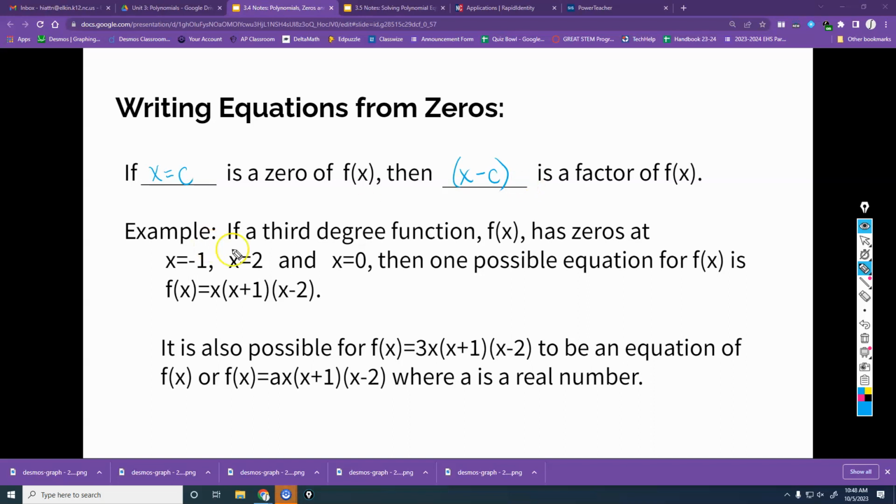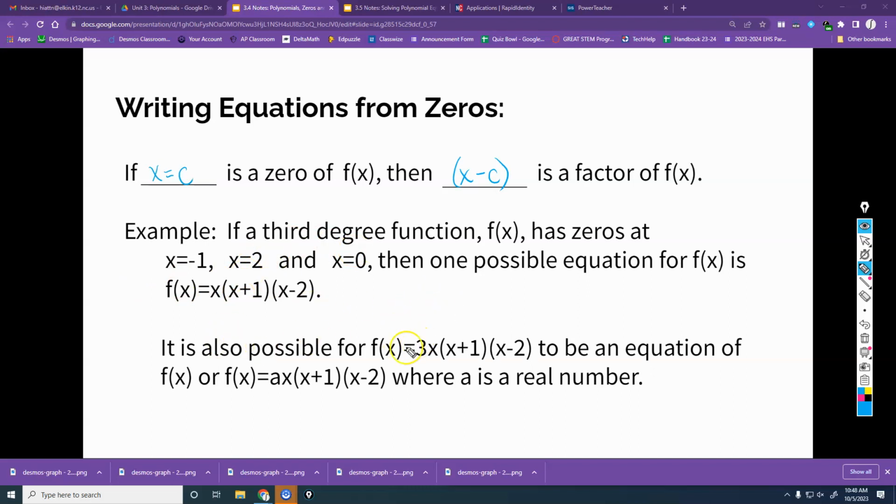For example, if I have a third degree function, f of x, and it has zeros at negative 1, 2, and 0, then one possible equation for this is x plus 1 times x minus 2 times just x. Here you can put x minus 0, but x minus 0 is just x, right? So that could be an equation because that has zeros at 0, negative 1, and 2. So if you're starting from the zeros, you're just going to change the sign and write the factors.